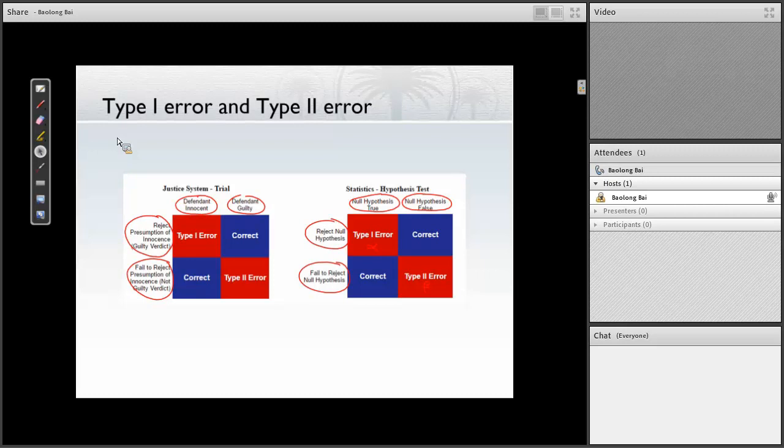Or if you're doing a NASA project, it costs millions and millions of dollars. If you make a small mistake, a type 1 error will cause you to lose all the past effort you have, like millions of dollars being lost. That's a very serious consequence. So you need to have a smaller type 1 error rate, 0.00001, right?